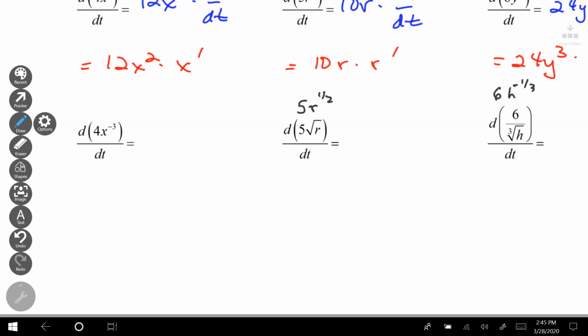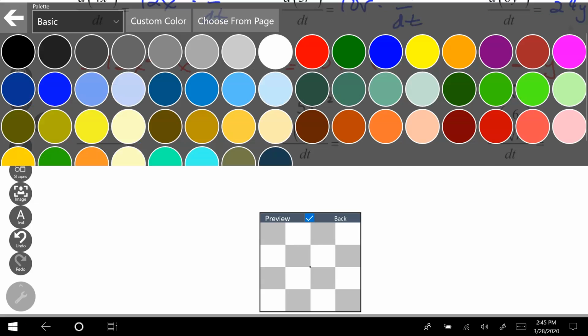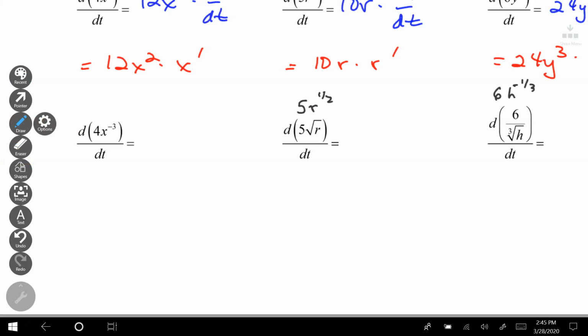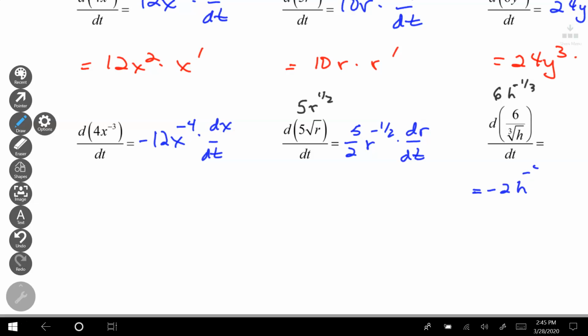If I want to take this derivative with respect to time, I get negative 12x to the negative 4th dx over dt, 5 over 2 r to the negative 1/2 times dr over dt. And this one comes out of space, so I'm going to get negative 2h to the negative 4 over 3 times dh over dt.